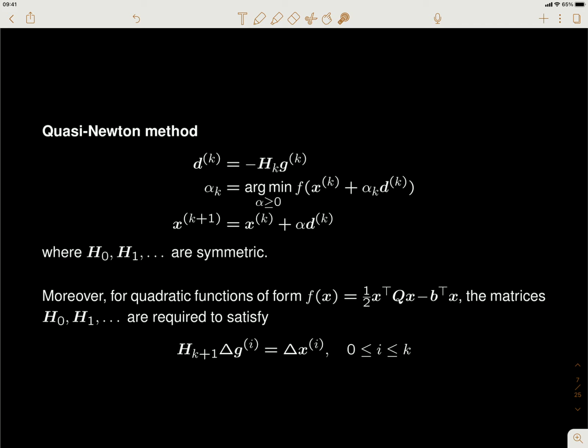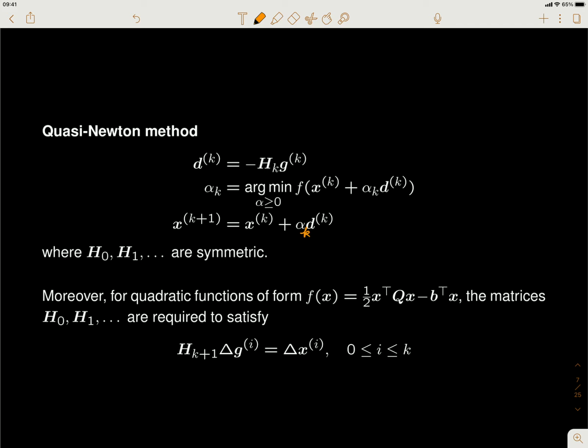We can apply that and find a step size alpha k. And then once we have the alpha k, we'll update the xk to the next one. Sorry, this should be alpha k. So this should be xk here. That's what we need to do for each iteration of the Quasi-Newton's method.